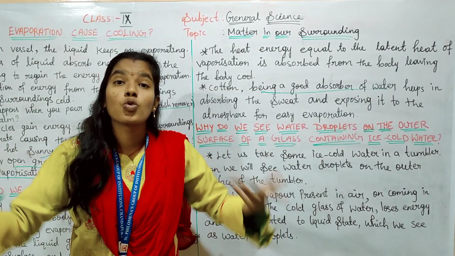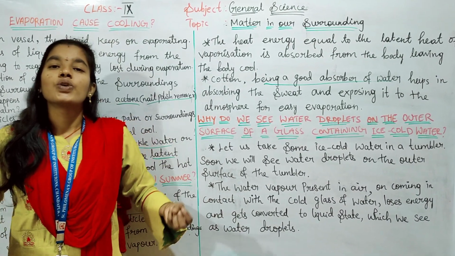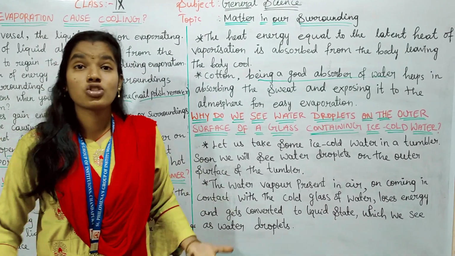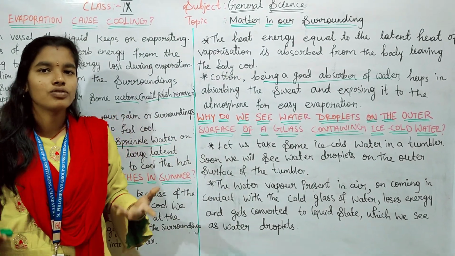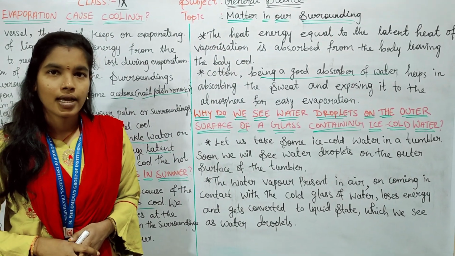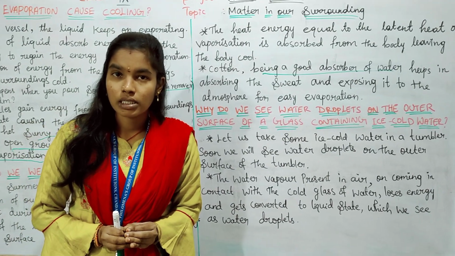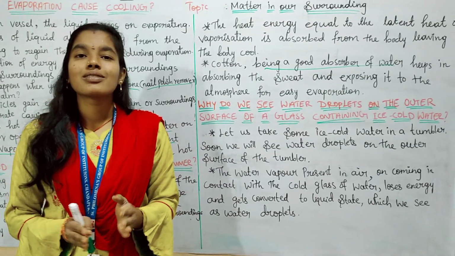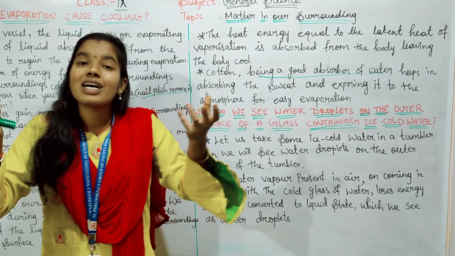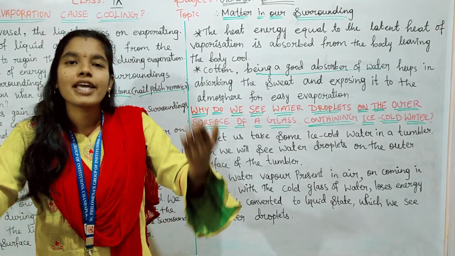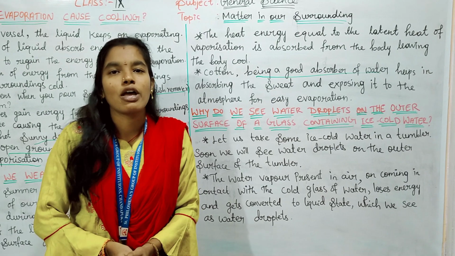Why do we want to wear cotton clothes in summer? Because cotton is a good water absorber. It will absorb the water and expose it to the atmosphere to evaporate.